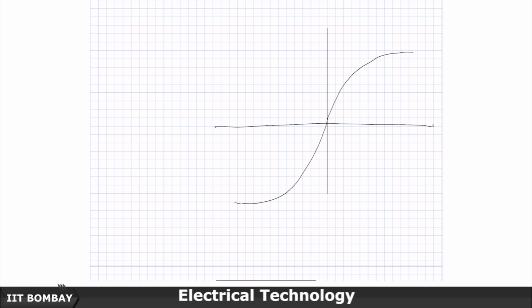Now, suppose this is phi and I, and suppose the transformer's phi max is only this for some reason, this minus phi.